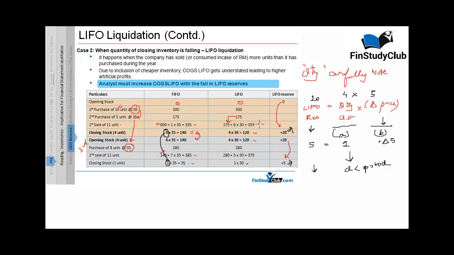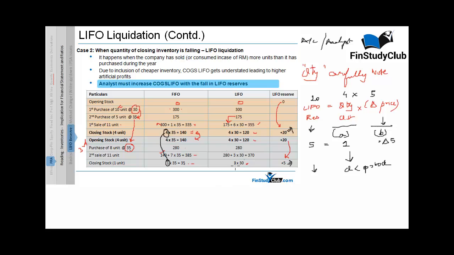Now one, again, like I talked about, is what you do as an accountant, which is the same calculation and understanding part of it, and the other one is what you do as an analyst. Sometimes if the quantity falls, it may be because of a manipulated intent to show a lower COGS in the case of a LIFO firm.